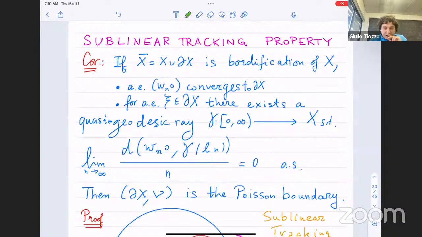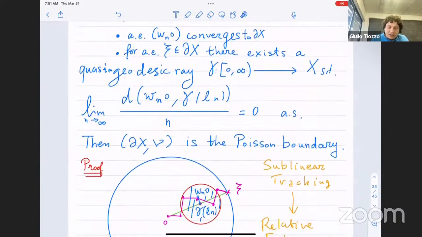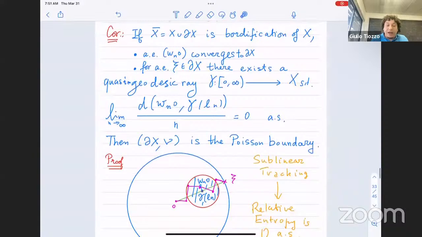So in general, as I mentioned before, if you have a certain compactification of your space, and you know both that your walk converges almost surely, and also for almost every boundary point, there is a geodesic or quasi-geodesic ray gamma which tracks sublinearly the path, so the distance between the sample path and the geodesic at the correct time.